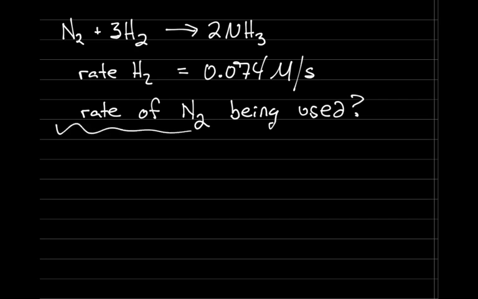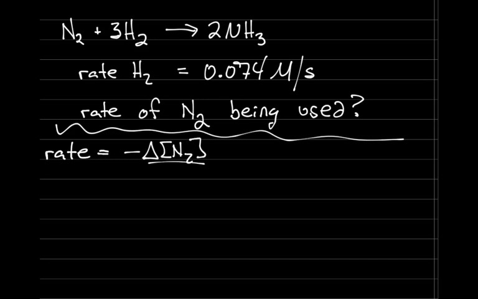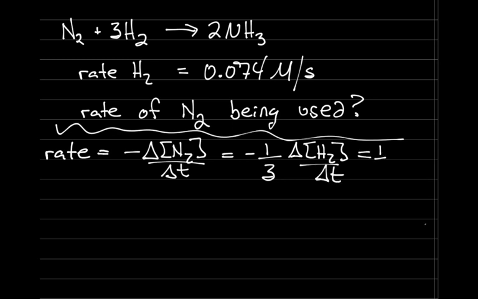All right, so the first thing we need to do is figure out the rate expression for this reaction. So the rate equals negative change in concentration of N2 over change in time, equals negative 1/3 change in concentration of hydrogen gas over change in time, equals 1/2 change in concentration of NH3 over change in time.